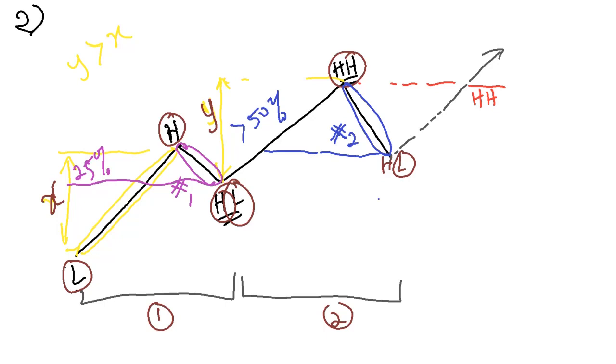So by logic, even though the move is going to be upward, because we noticed that Y is greater than X, we said that it's going to be a strong move upward.